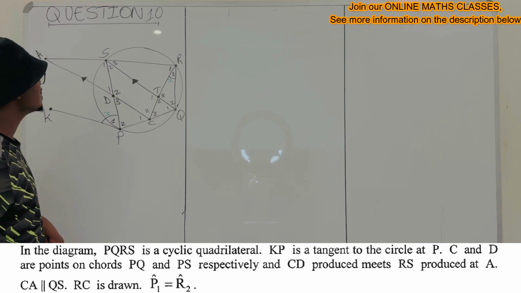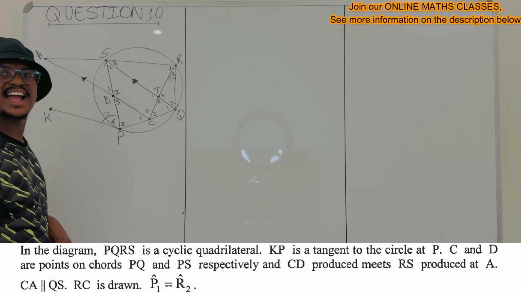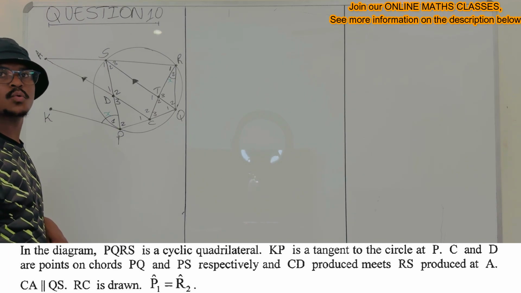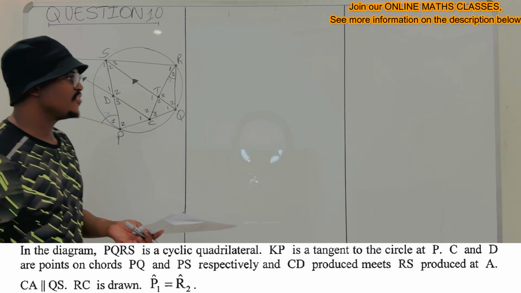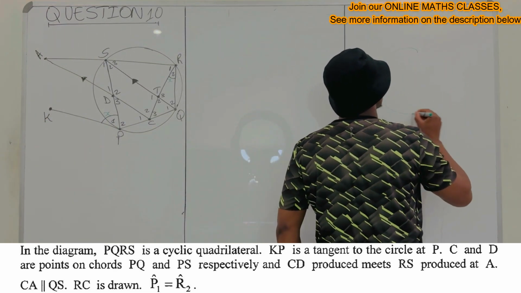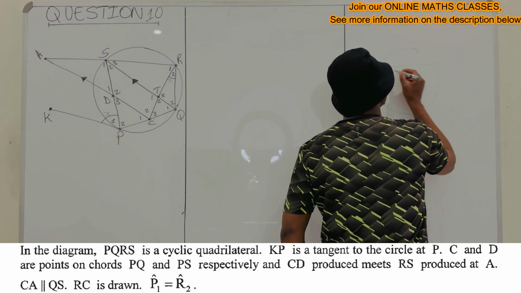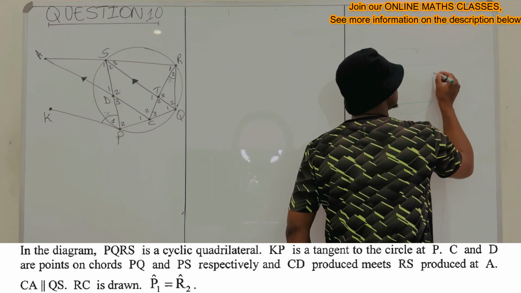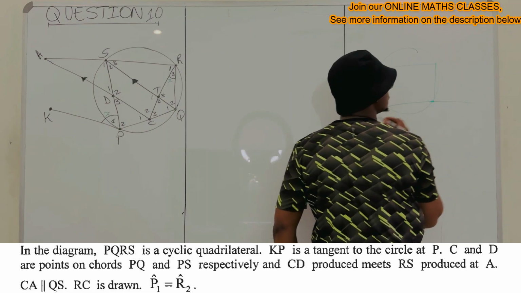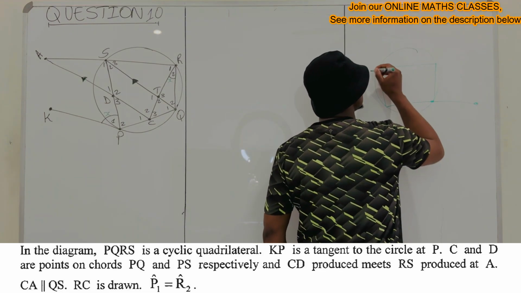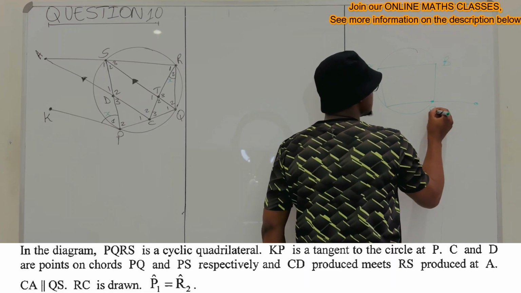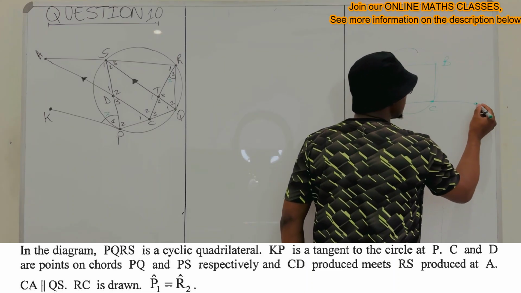The other thing that you can say is about the exterior angle, which is the outside angle of a cyclic quadrilateral. So let's say you have something like this. Let's say it's A, B, C, D, and maybe point E over there.